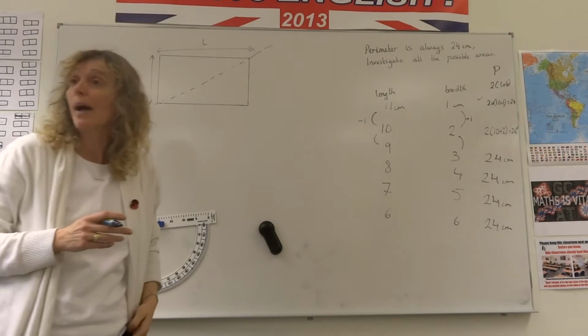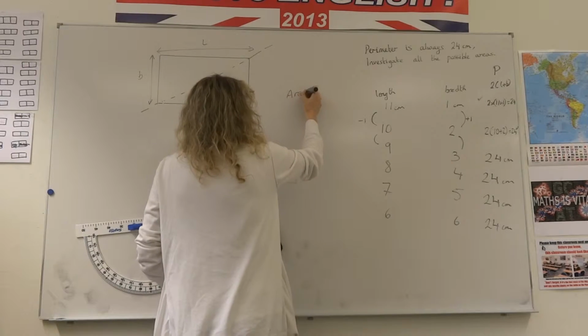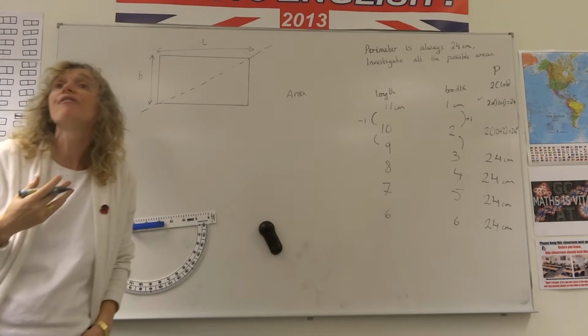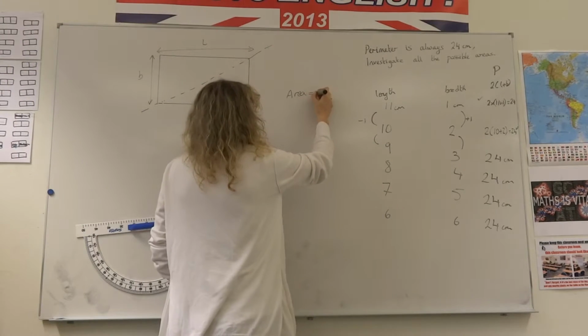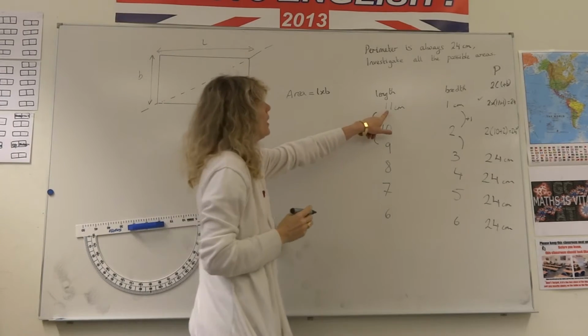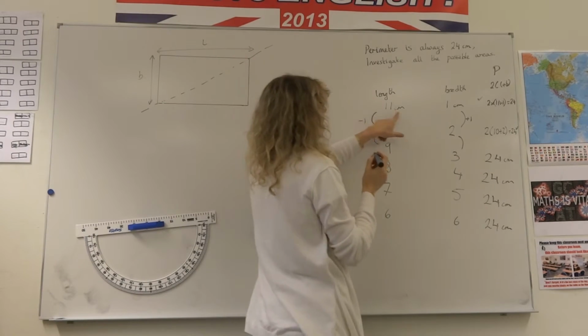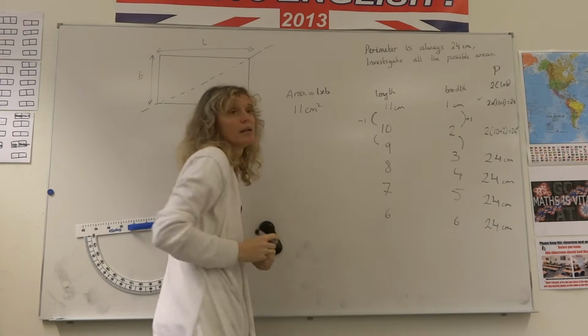Let's look at what happens to the area then. Well, the area of each of these rectangles is going to be very different. Because how do we get the area? The area we get by length times breadth. So here we get an area of 11 times 1, which is only 11 centimetres squared.